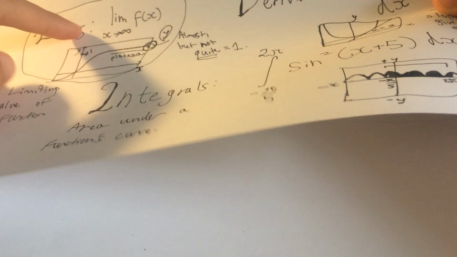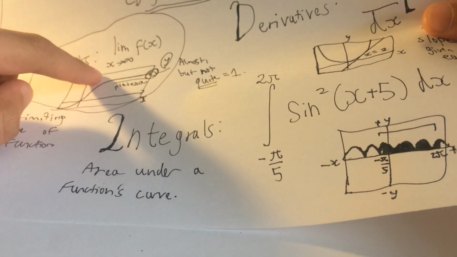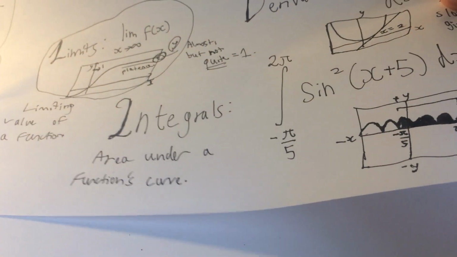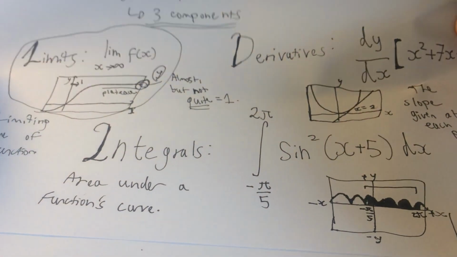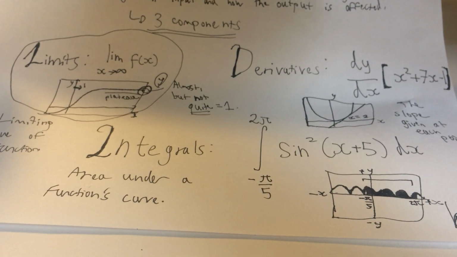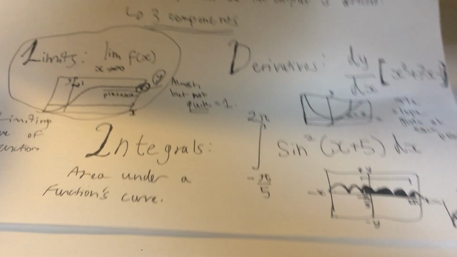So normally we measure it as the input value, the x, approaches infinity or 0. I've never seen it approaching minus infinity, but I think it's possible. I think the key idea here is that the value you're trying to look at is approaching some sort of abstract concept, which 0 is.